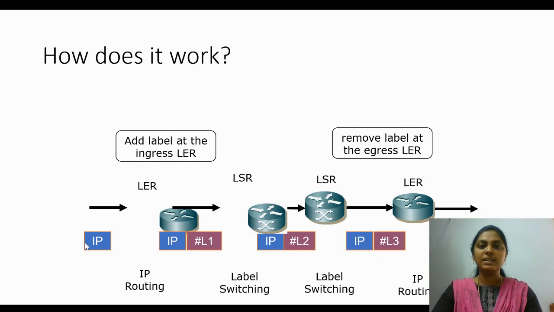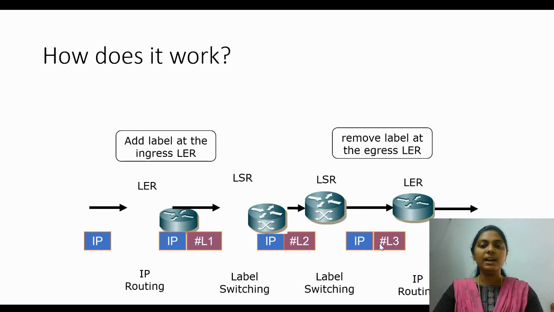First, there is an incoming packet. The IP packet is reaching this LER. The ingress LER attaches the label L1 to it and forwards it to the LSP, that is, to the next LSR. There, the label L1 is removed and a new label L2 is attached, and it is forwarded to the next point.